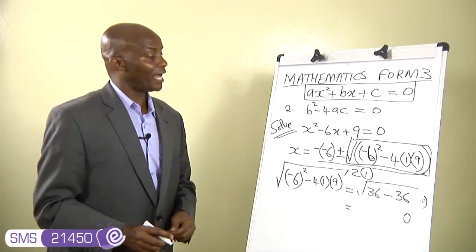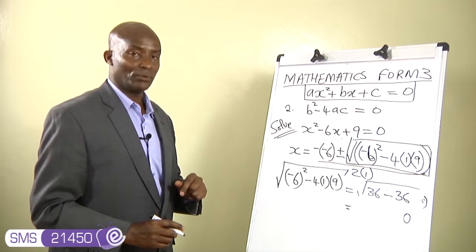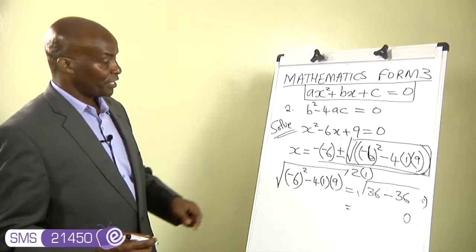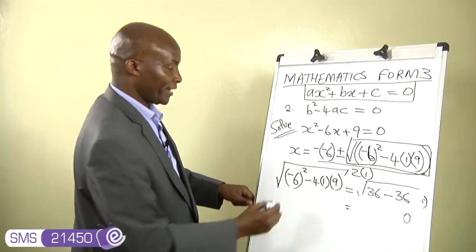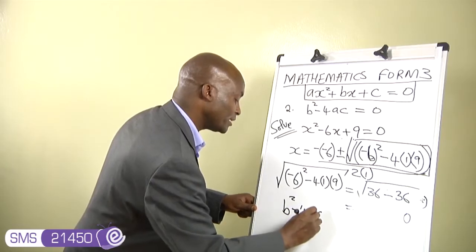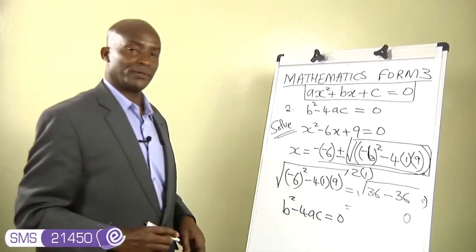Now that is our condition number 2 that gives us the nature of the roots, when b squared minus 4ac is equal to 0.